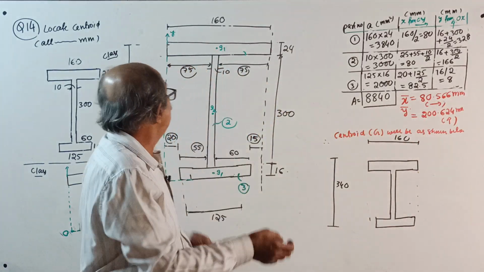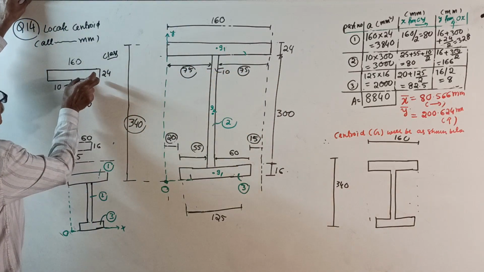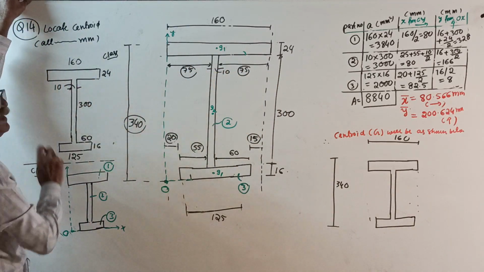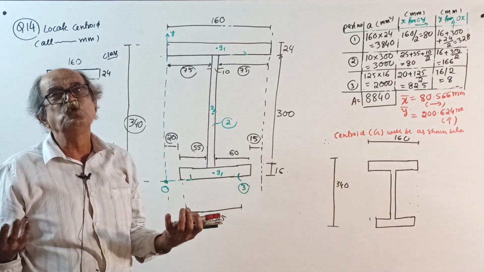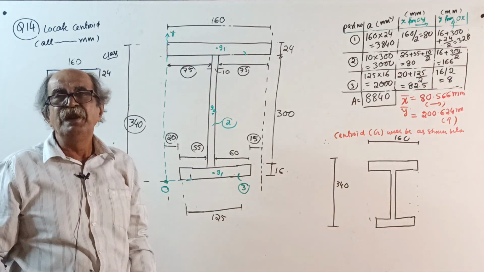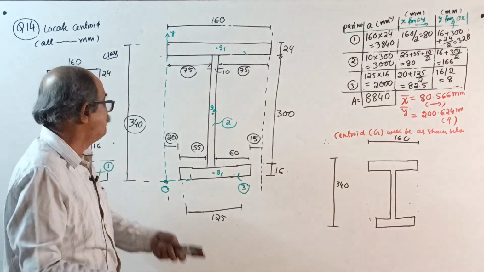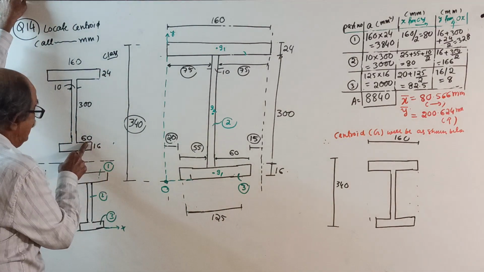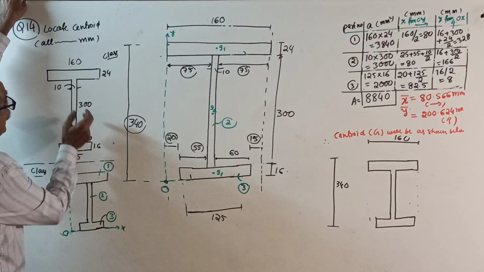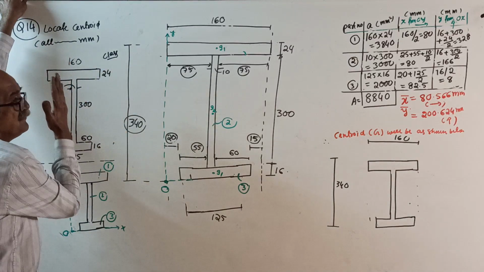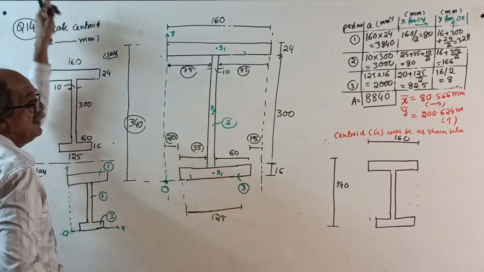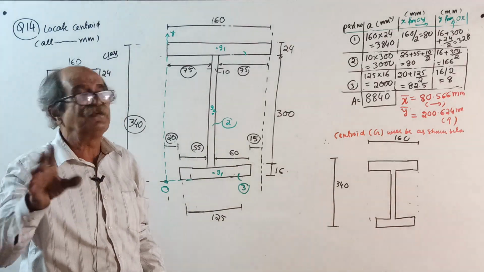Therefore, the equal offset on the upper flange side is of no use for us. It would have been very useful if they had not given this offset and had told both are equal. Then YY would come exactly midway. That is symmetry. That is next class. Okay, start now.